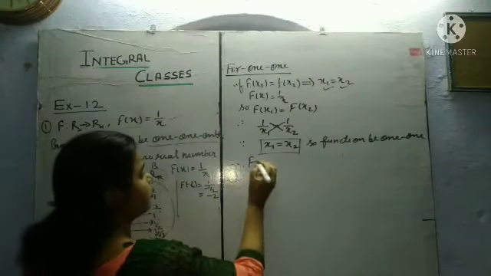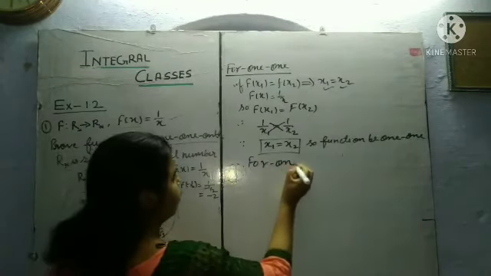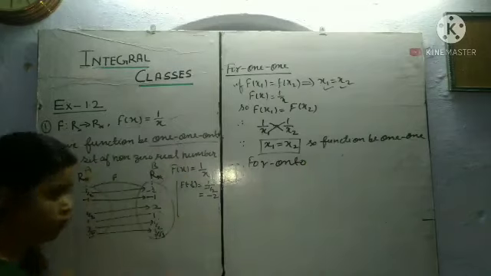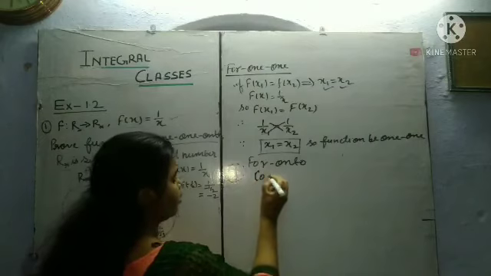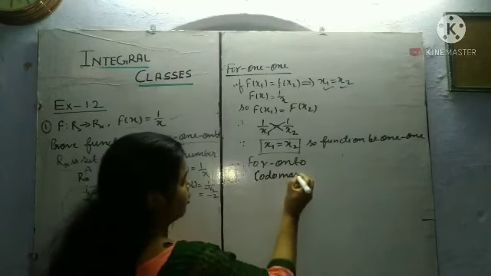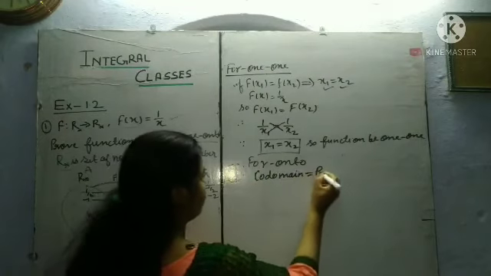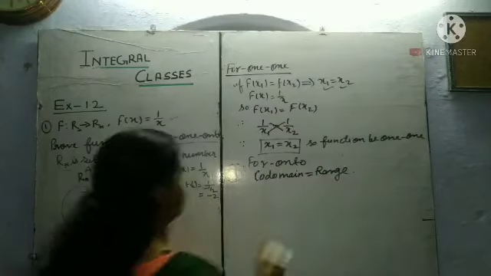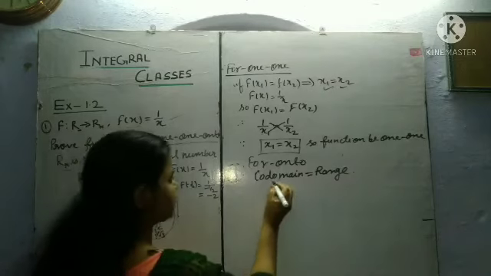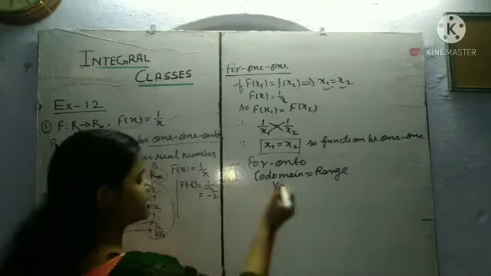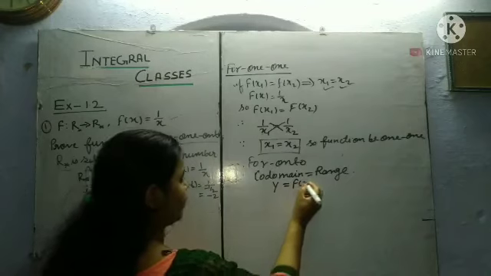Now for onto, we know that codomain equals range. So what is the codomain? The codomain is y and the range is f(x).